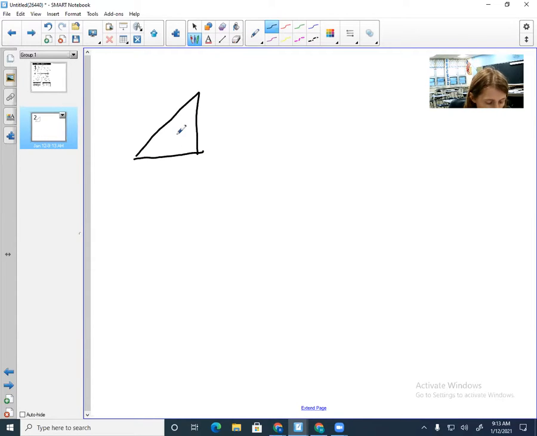I'm going to go ahead and put a theta in here and a right angle. So we're just going to look at the inside first, Reed. So sine, we know sine is opposite over hypotenuse. So that means that the opposite side is going to be 4 and the hypotenuse is going to be 5. Okay, now we do not know what this side is. So we can go ahead and find that.